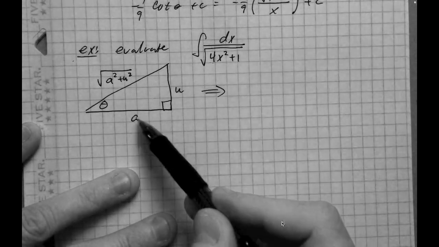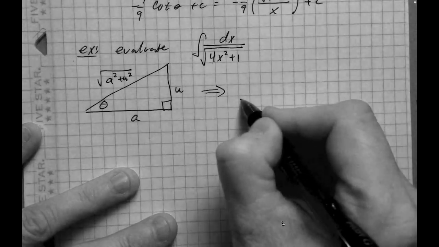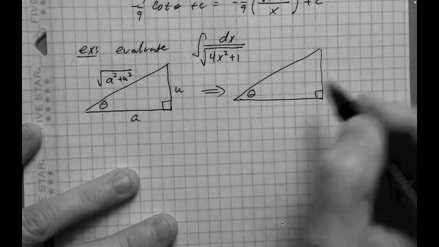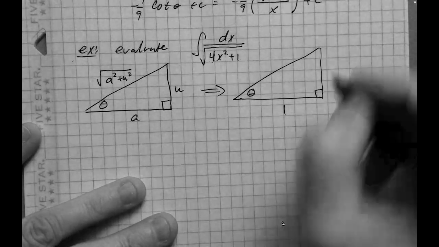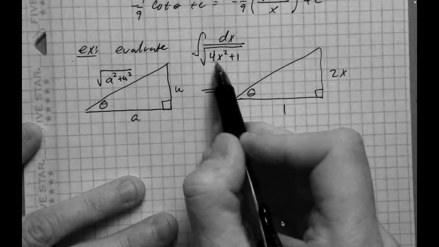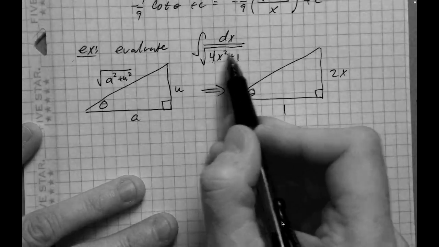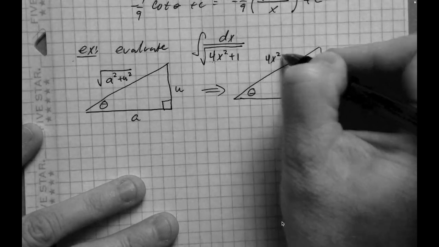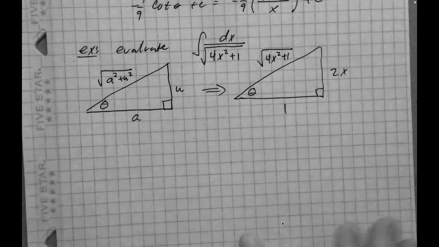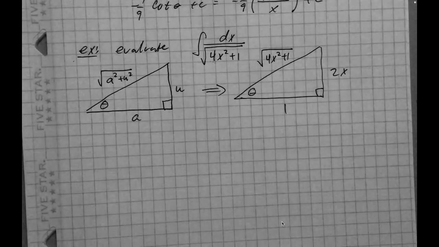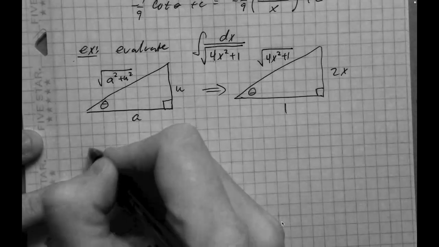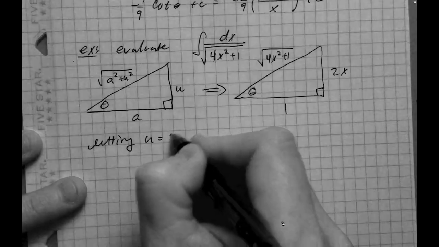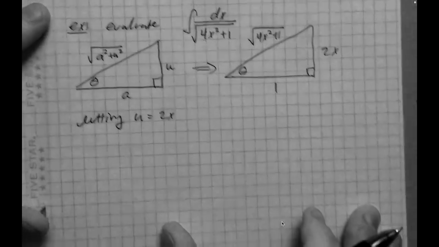Okay, and so we can plug our values into this. In this case, a is of course going to be 1, and the u here is going to be 2x. You can see 2x, when you square that quantity, you get 4x squared. And so then that means this is going to be the 4x squared plus 1 there. So letting u equal 2x, what do we get?